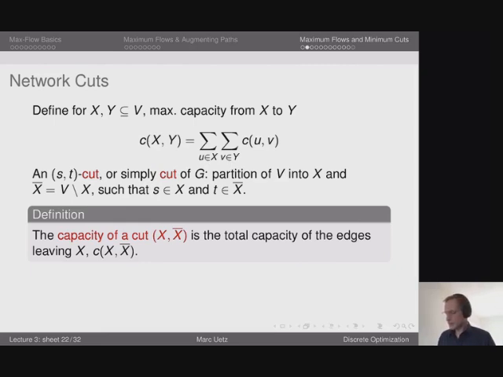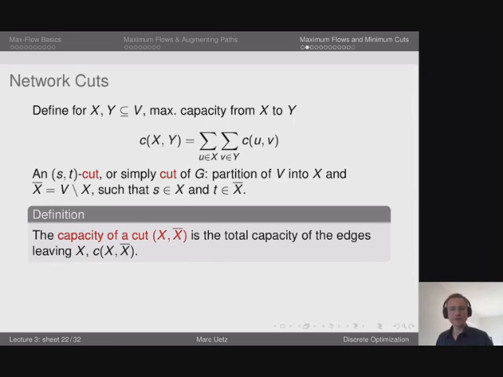Now the capacity of a cut is then just defined as the capacity that could potentially or maximally go from the set X to the complement of X. So that is just by definition the sum of all the capacities of the edges that are leaving the subset X.